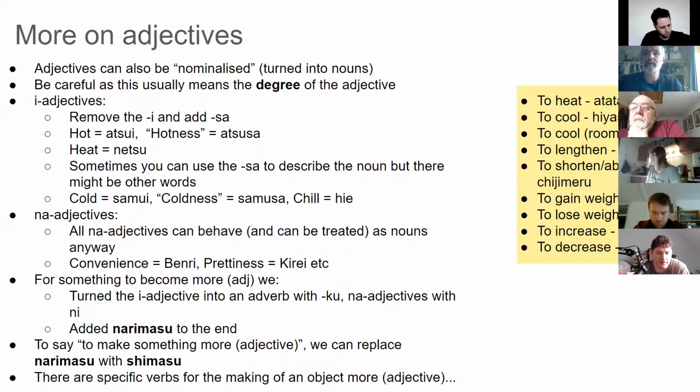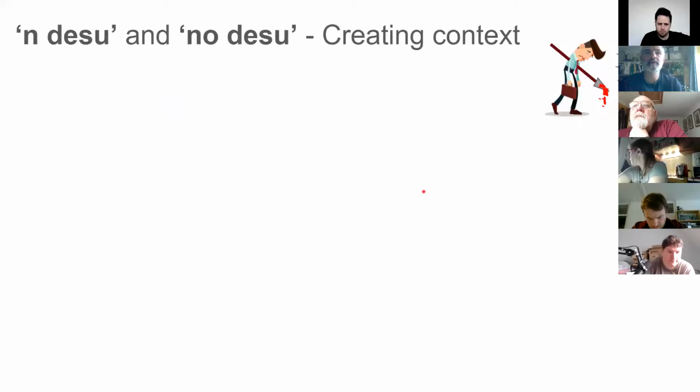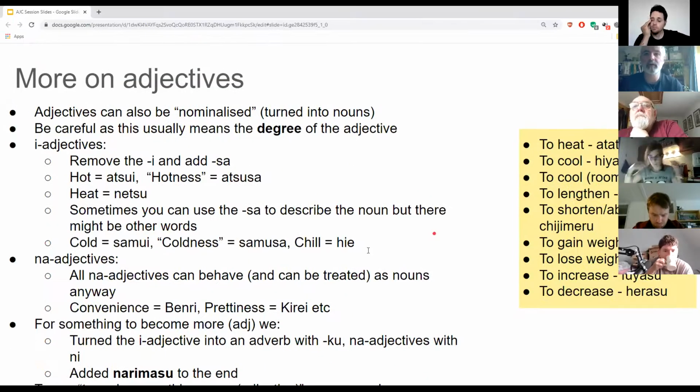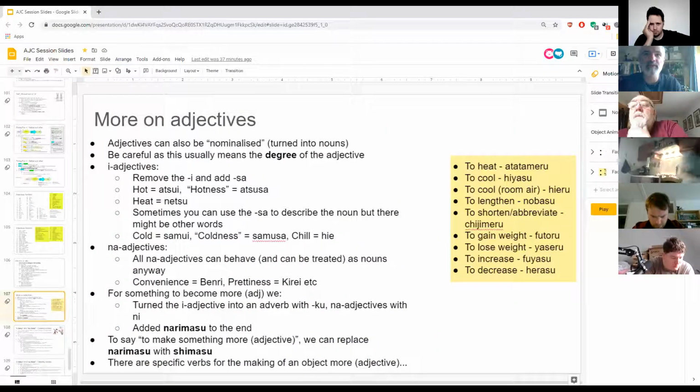Okay, any questions, guys? Okay, let's just try a few quick examples. As I said, I don't really want to spend too much time on this. Let's just do one example each.